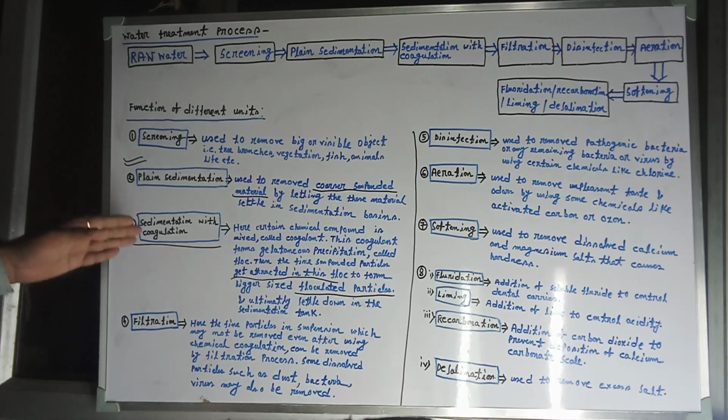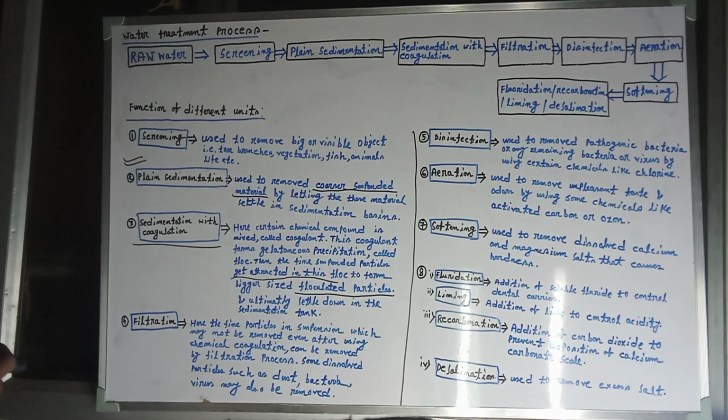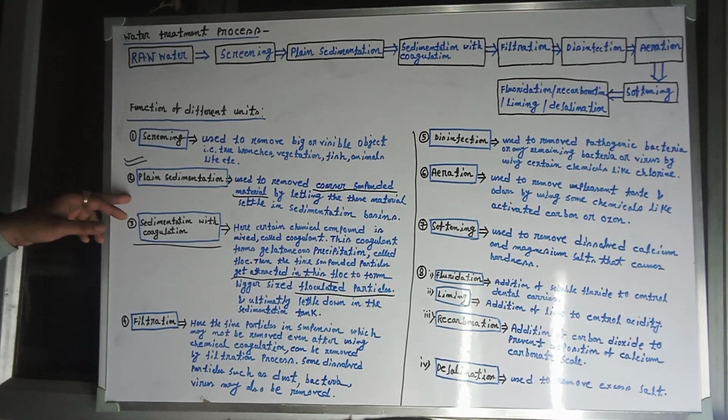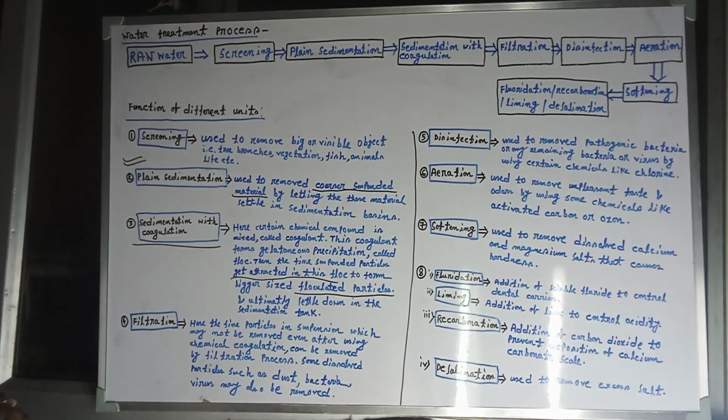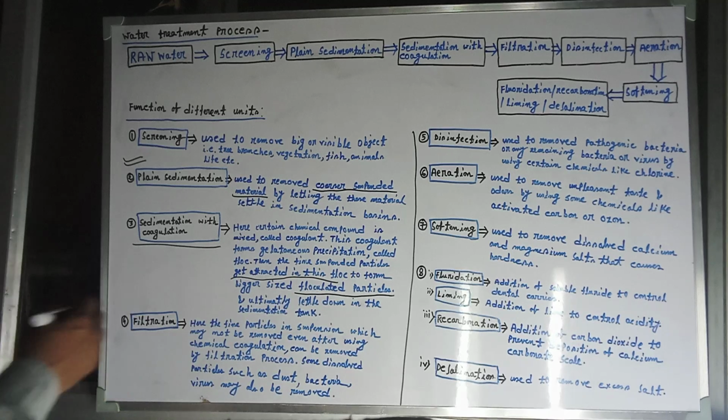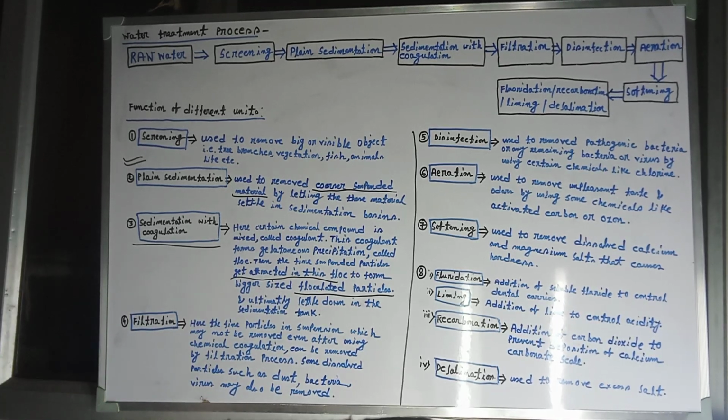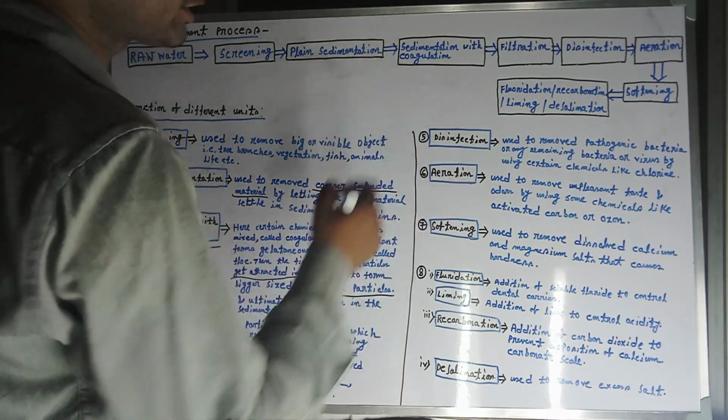So after sedimentation with coagulation, there may be some suspended particles that cannot be removed in plain sedimentation and sedimentation with coagulation. These particles will be removed in the filtration process, and some bacteria and viruses are also removed in filtration. After filtration we will send the water to the disinfection process.